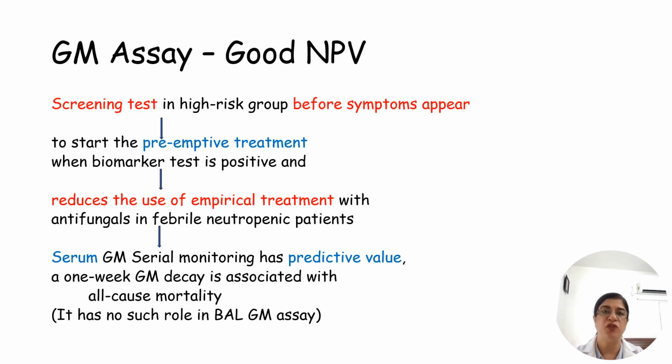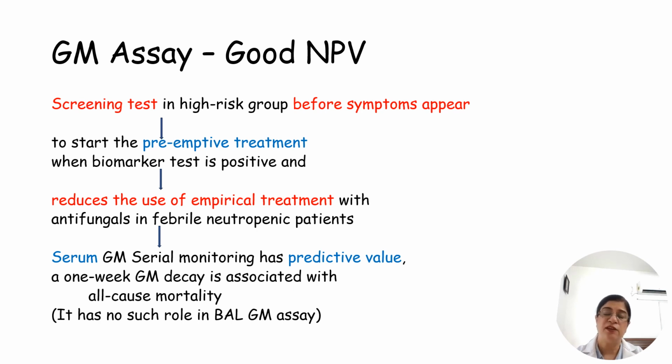But still, it is used in the immunocompromised population of febrile neutropenia, where it has reduced the use of empirical antifungal treatment. And when the patient has still not presented with symptoms, it can be used as a screening test bi-weekly to detect early appearance of invasive pulmonary aspergillosis in neutropenic patients, and then preemptive treatment can be instituted with antifungal drugs.